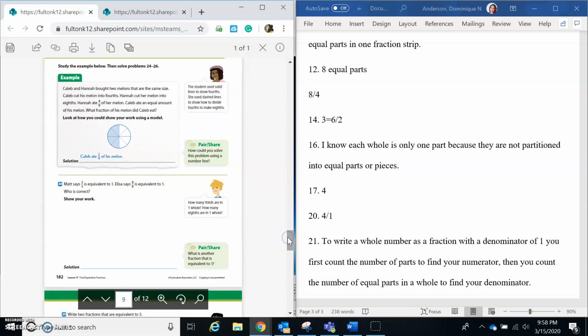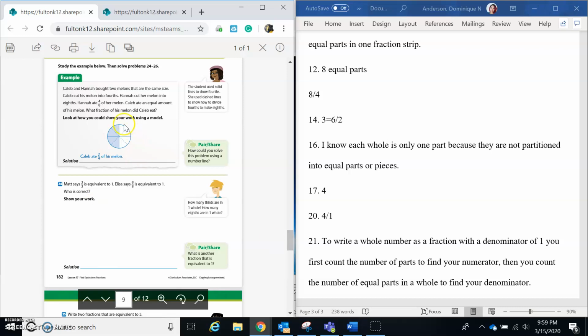Almost done, guys. Alright. Let's look at our example to help us do 24 through 26. Caleb and Hannah bought 2 melons that are the same size. Caleb cut his melon into 4ths. Hannah cut her melon into 8ths. Hannah ate 4/8 of her melon. Caleb ate an equal amount of his melon. What fraction of his melon did Caleb eat? Look how you could show your work.